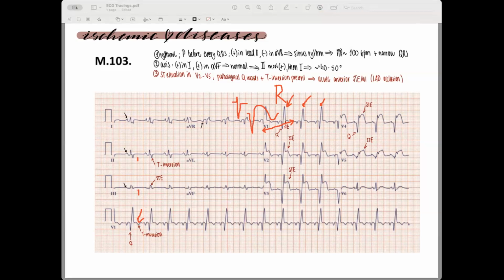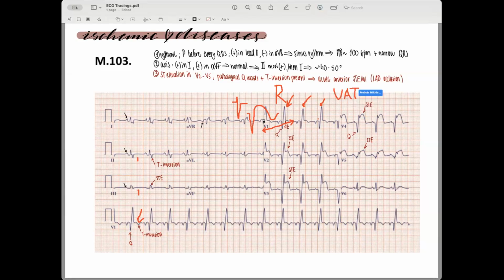So if you calculate the intrinsic deflection or ventricle activation time in V1, meaning from the beginning of the QRS complex till the last R wave, normally this should be less than 0.04. And this is wider. What does it mean when the ventricle activation time is elongated in V1?